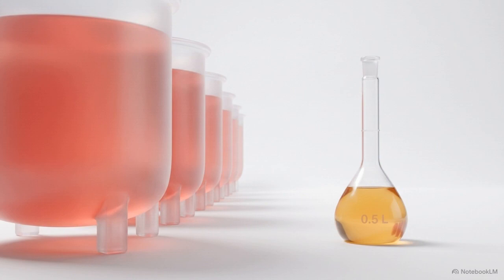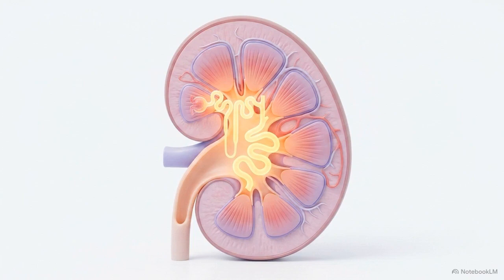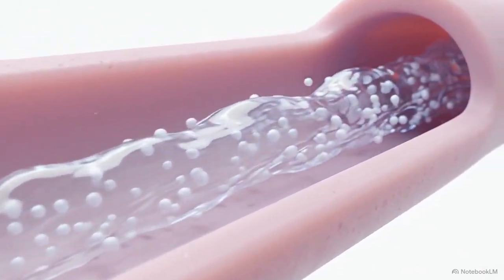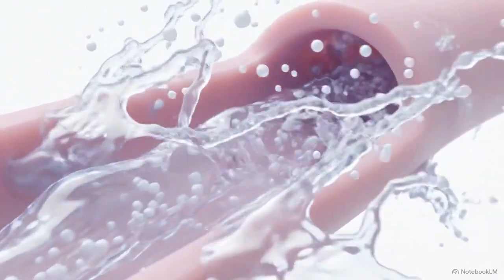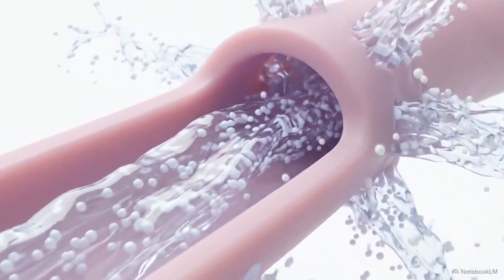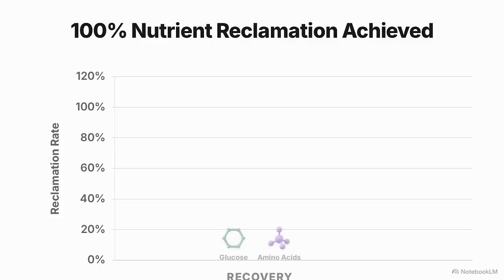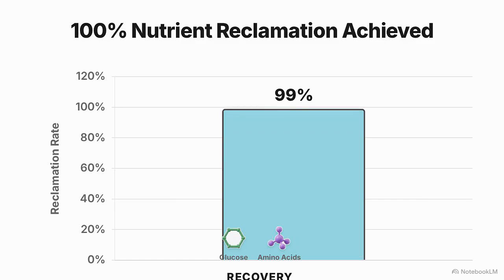The proximal convoluted tubule, or PCT, is the primary workhorse of renal reabsorption. As soon as the filtrate enters this segment, the PCT recovers 65% of the filtered water and sodium. More impressively, virtually 100% of filtered glucose and amino acids are captured here via sodium-coupled cotransporters and returned to the blood.